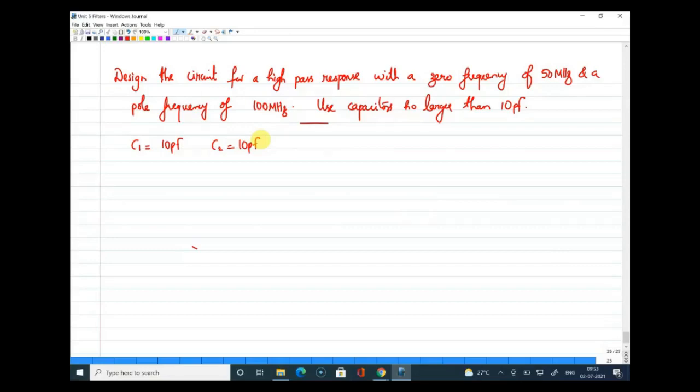So can you guys quickly tell me what values for resistance R1 and R2 you are getting? When you get the answer, you can just put it in the chat box.